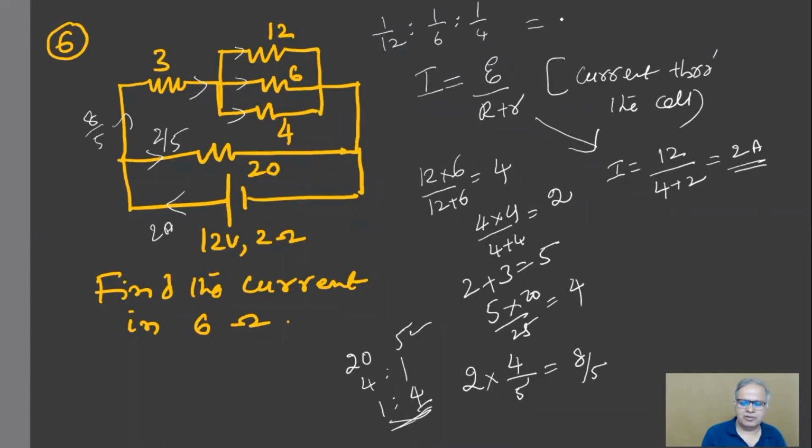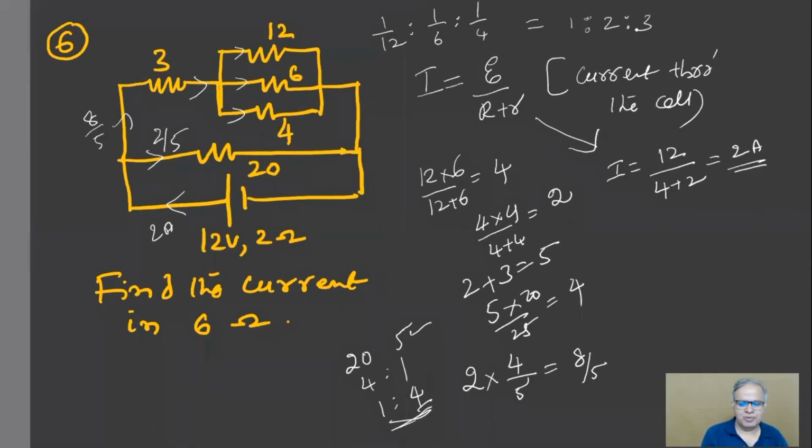Multiply with the LCM. What is LCM of these three? 12. So 1 is to 2 is to 3. Isn't it so?